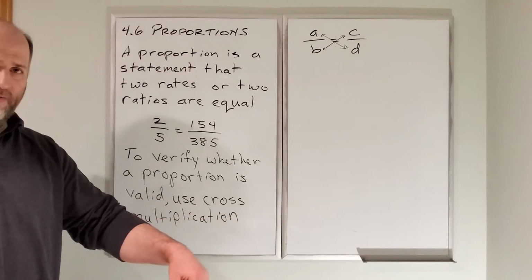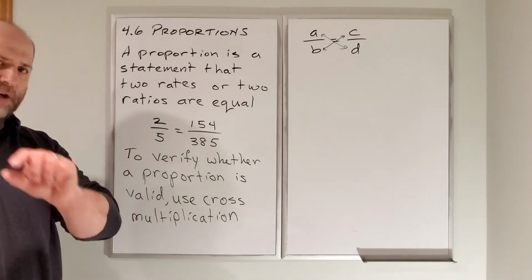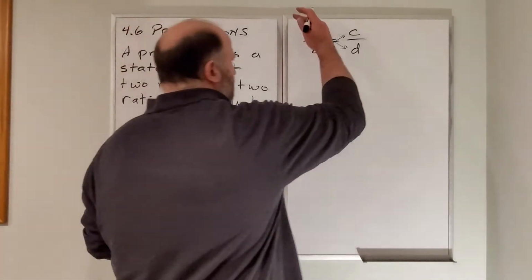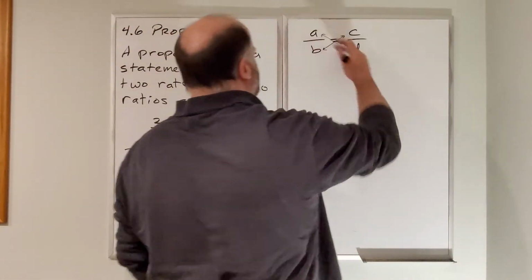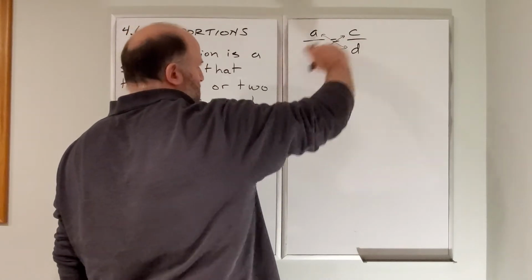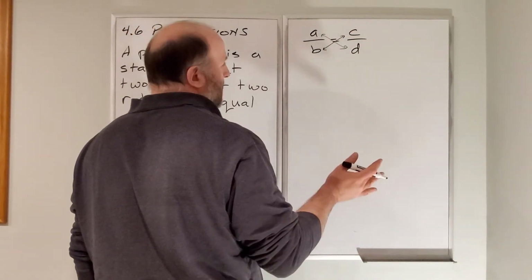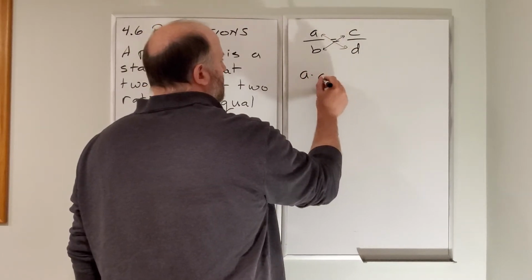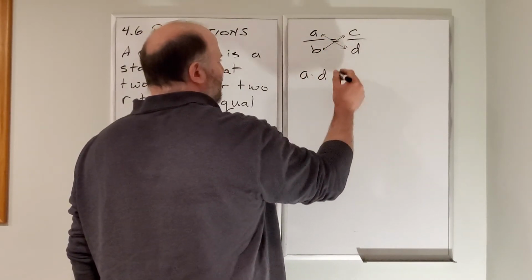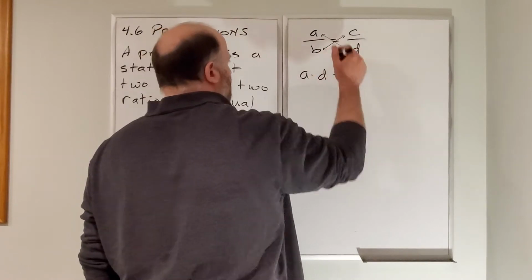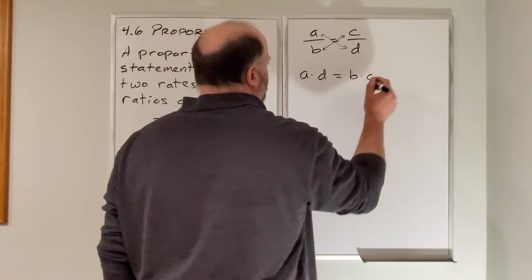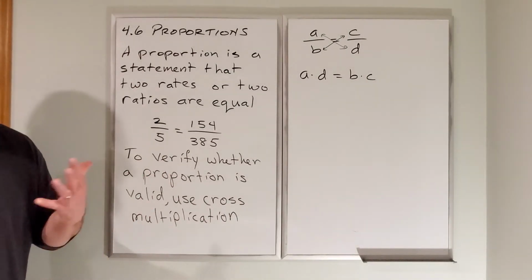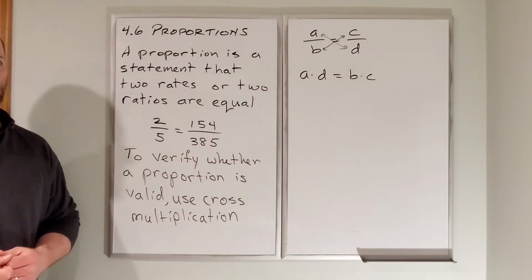You just have to have one fraction on one side, one fraction on the other side, with an equal sign in between. And then you make a cross. Okay, you do that kind of visual tactic again, like with cross canceling. But here you're going to multiply the first numerator to the second denominator and the first denominator to the second numerator. And if these two products are equal, you have a valid proportion.